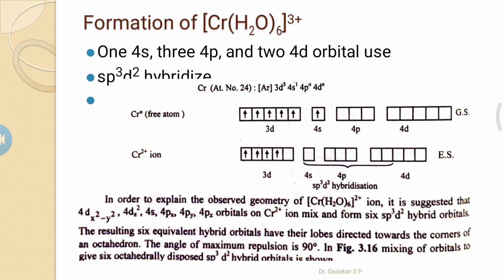Okay, so in the formation of the hexaaqua chromium complex, one 4s, three 4p and two 4d orbitals are used and form sp3d2 hybridization. Okay, so the chromium atom here is in zero oxidation state. At that time its electronic configuration is 3d5 4s1 4p0 4d0. Okay, but in this complex chromium is in the +2 oxidation state.